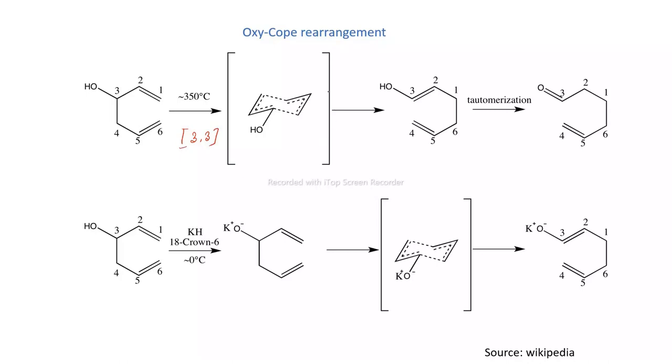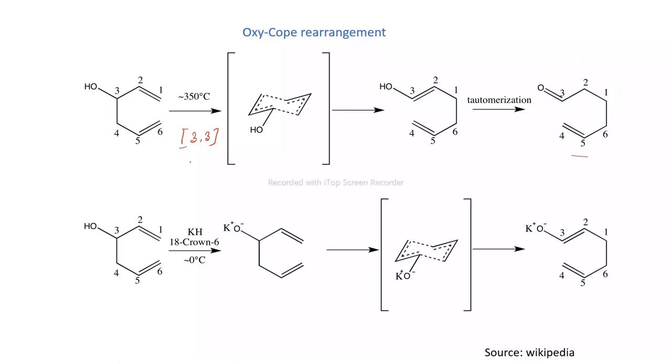So the reaction goes through a chair-like transition state, and this OH group should be in the equatorial position to avoid syn-diaxial interaction, because no other substituent is there. After the 3,3 sigmatropic rearrangement, we get this product like this, and this is a conjugated enol, meaning a conjugated double bond and OH. That's why it will tautomerize to the corresponding ketone, because the ketone form is more stable. So we'll get this product.